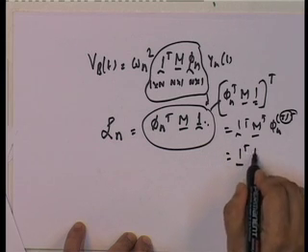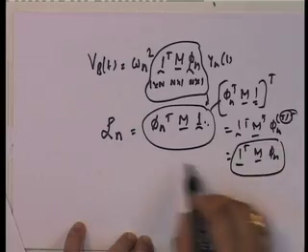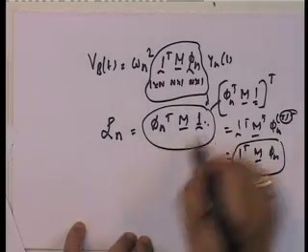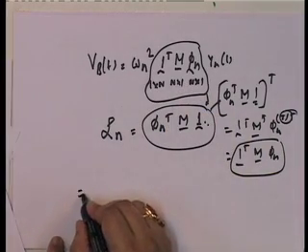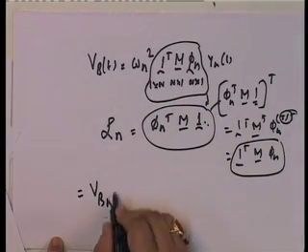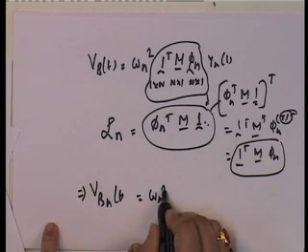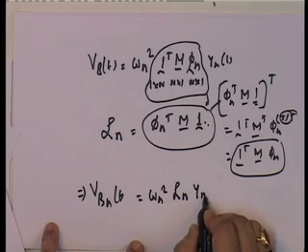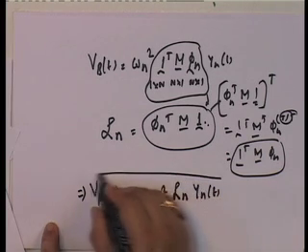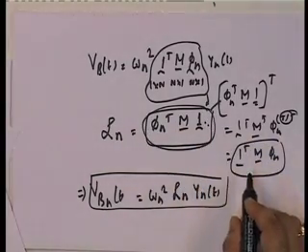So, this becomes 1 transpose m into phi_n. Note that since it is a scalar, the transpose of itself is the same. Therefore, V_bn(t) is equal to omega_n squared L_n into y_n(t), where L_n is this quantity.